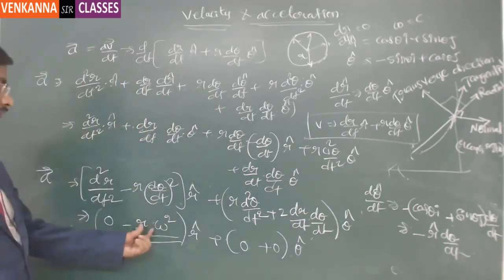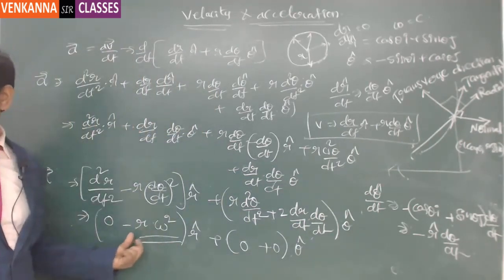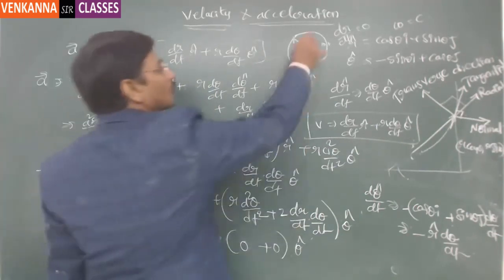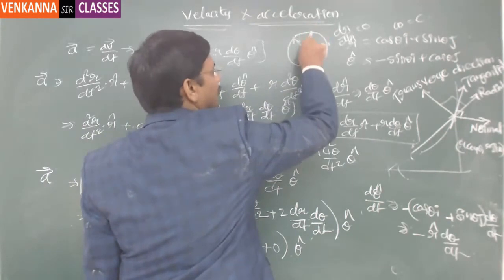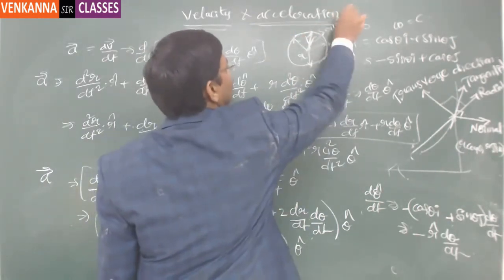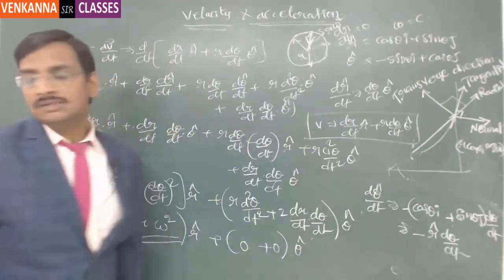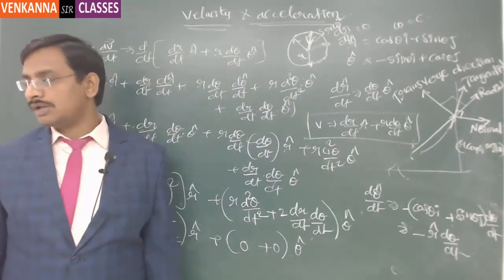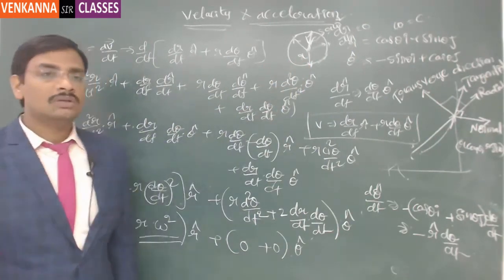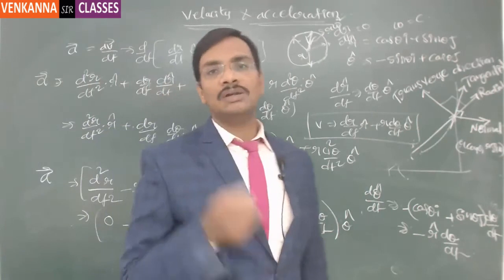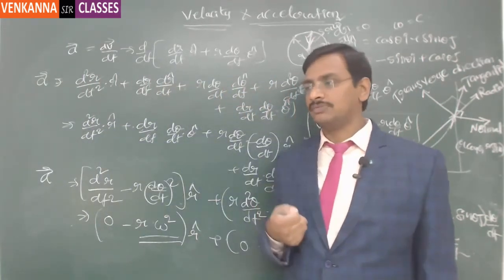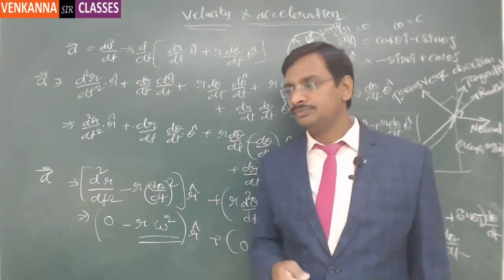In the radial direction, that too in the negative radial direction, there will be a component of acceleration, that is r omega square, which is happening towards the center. So this is how actually it is happening. This magnitude is r omega square. That's why we call this the centripetal acceleration, right? So that is coming out to be minus r omega square. Though we are trying to rotate in a circular fashion, the acceleration direction is always towards the center. Did you notice that?